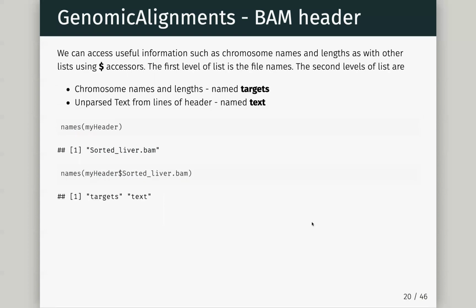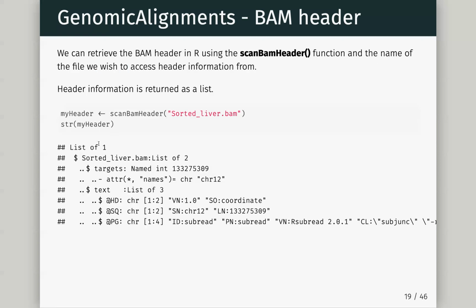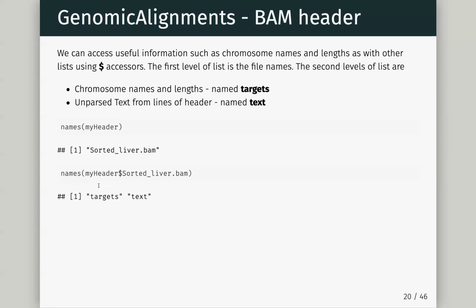So we can use our hopefully very comfortable list-like accessors now, like dollar or double square brackets, to access these objects. And I think we've talked about this before. Most of the time, if you don't understand an object, it will define what you can do with it when you just type it in. Most of them act like lists. Dollar or a double square bracket will allow you to interact with it and extract elements from it.